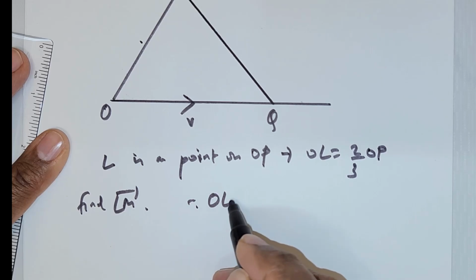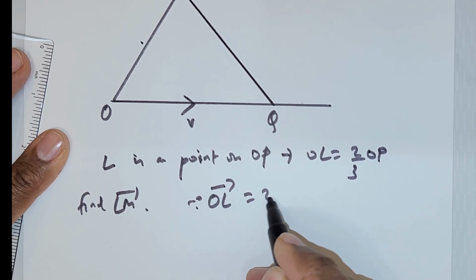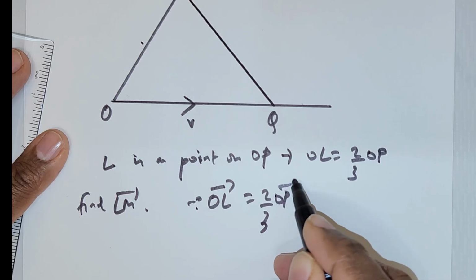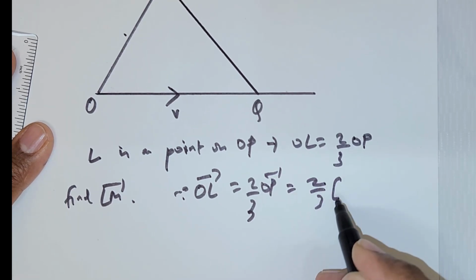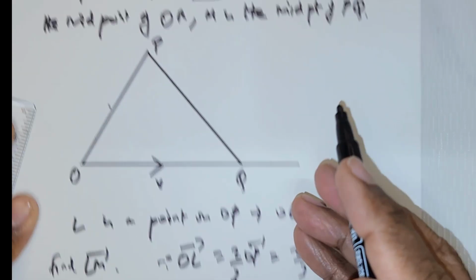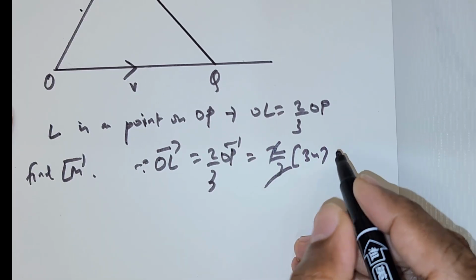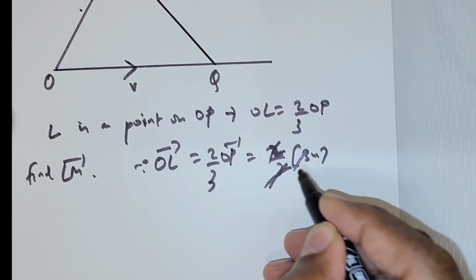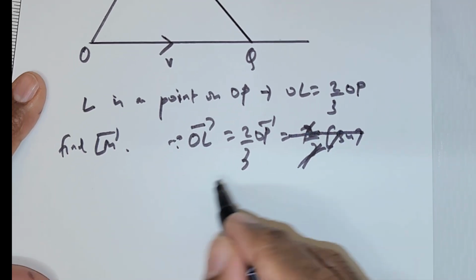Now since OL is 2 over 3 times of OP, this means 2 over 3 times of OP, which is 3 times U. So this 3 and 3 gets cancelled. So let me write this.